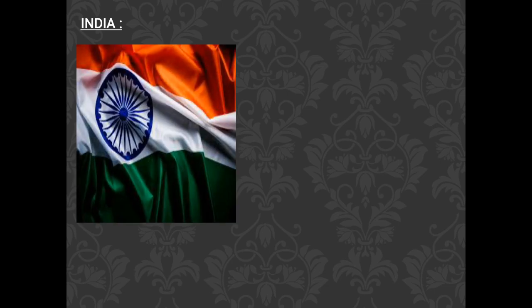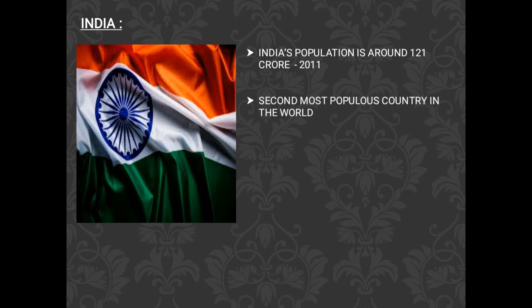First, we will study about India. India's population is around 121 crores according to Census 2011. India is the second most populous country in the world.